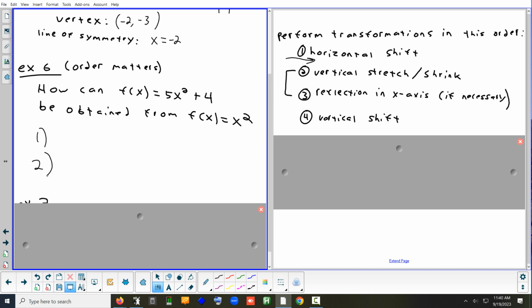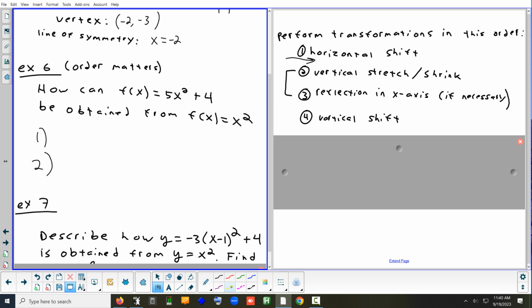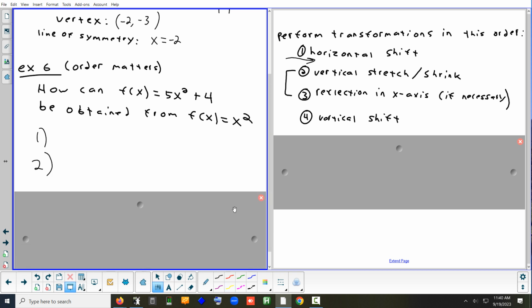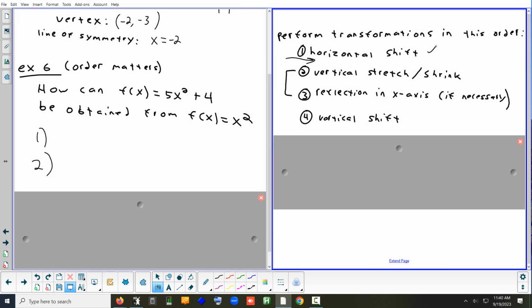Do we have any adding or subtracting inside parentheses? No. In the next one, you will. So there's no horizontal shift. Vertical stretch and shrink: do we have any multiplying by a number in front of x squared? Yep. Is it going to stretch, or is the 5 going to cause it to shrink? Stretch. Remember, if it's bigger than 1, it causes a stretch.